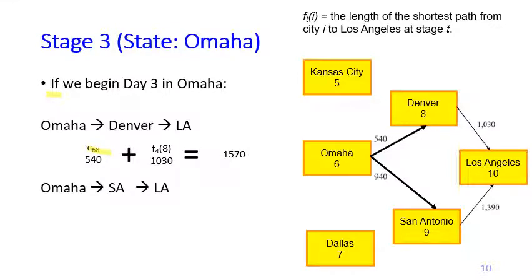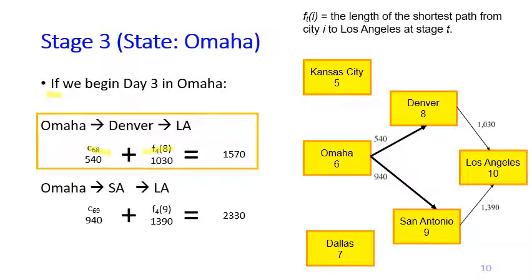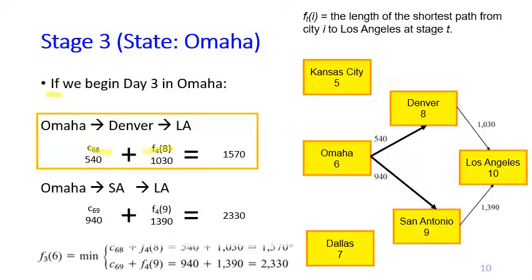But do not forget to add F48, the distance from city 8 when we begin day 4 at city 8. And we get that number, and then we compare that with the other option, and same as before, we take the option with the shorter distance. In this case we have calculated F36.